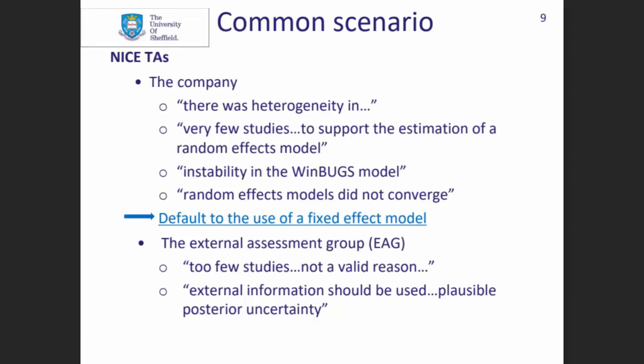But because there were very few studies to support the estimation of the random effects model, or instabilities when doing the random effects model, or the model doesn't converge, hence the company's default to use a fixed effect model. And the EAG's critique often states that too few studies is not a valid justification to use a fixed effect model.